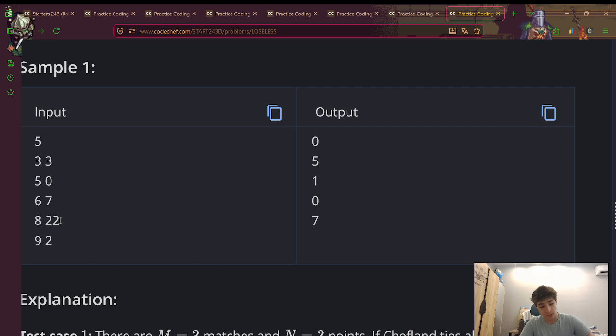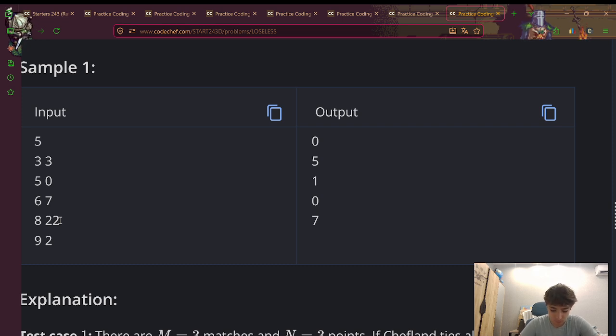Then for example, if I take 2 and 4, there's going to be one win and then also one draw.